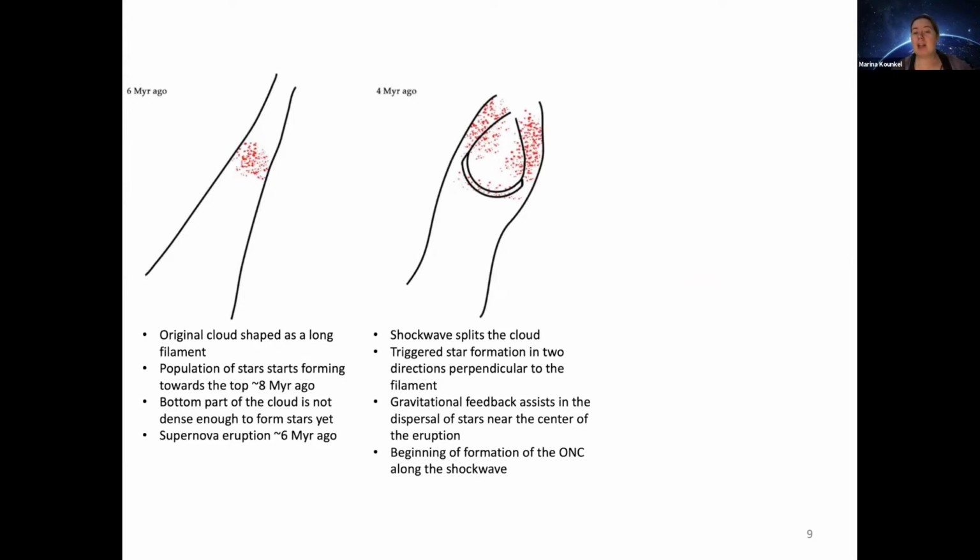That shockwave quickly compressed the gas and launched it into two different directions, here and here. In the process, it triggered, or rather accelerated, the formation of stars, quickly and rapidly dissipating the gas that is found in these populations.